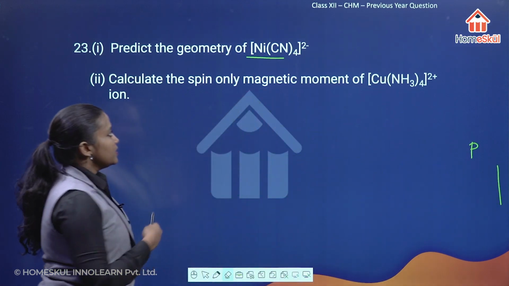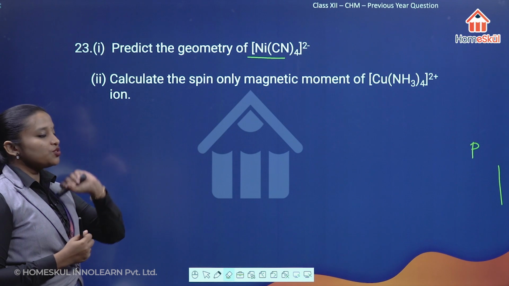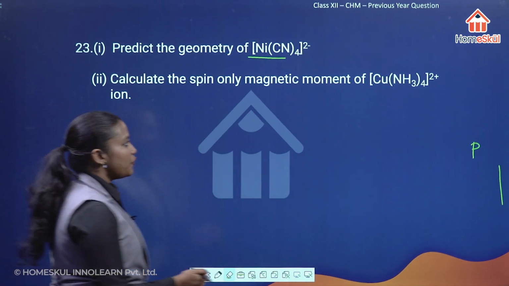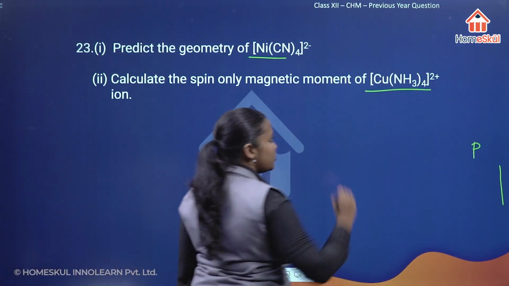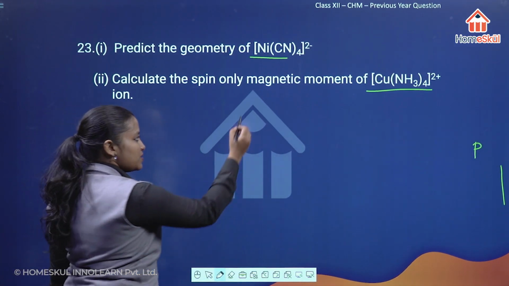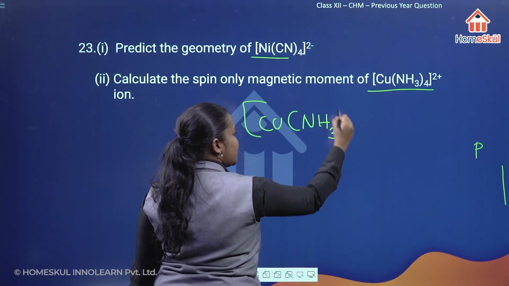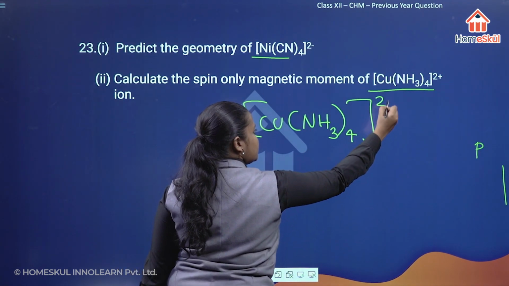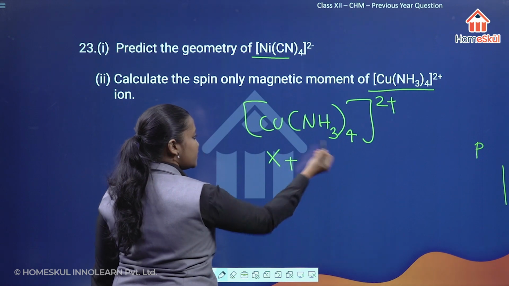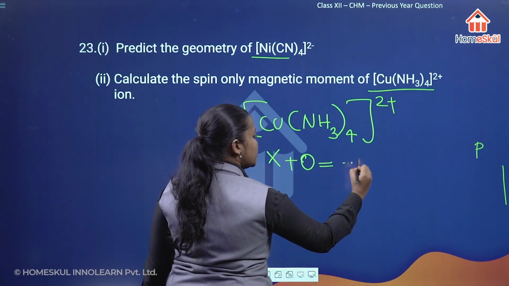Calculate the spin-only magnetic moment of [Cu(NH3)4]2+. Okay, we have to find the spin-only magnetic moment of this coordination compound. Okay, same as before, we have to find the oxidation state first. X plus NH3 is a neutral ligand, 0, which is equal to plus 2.